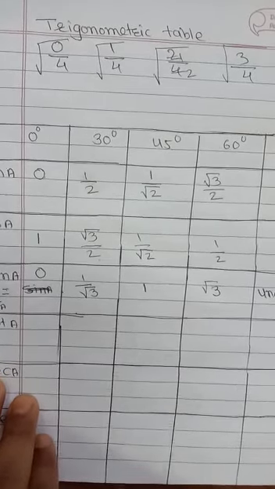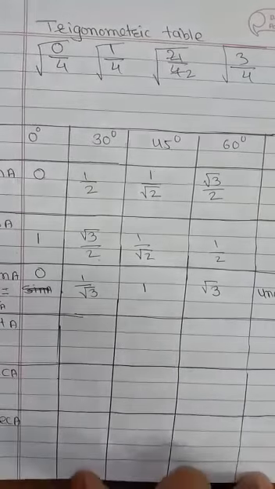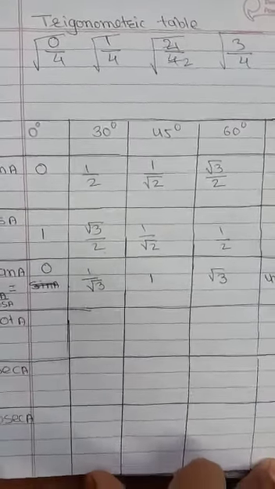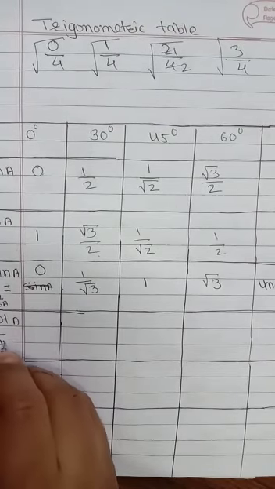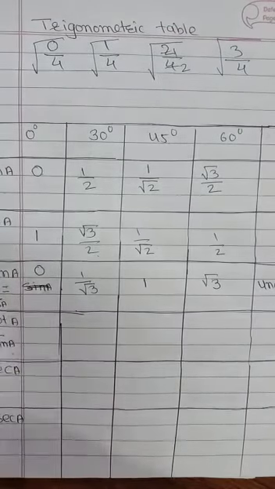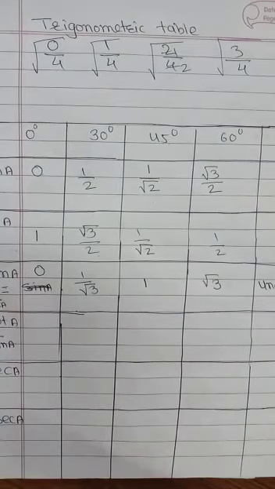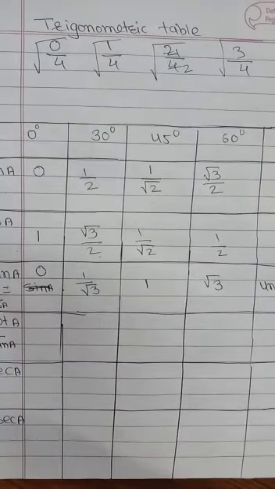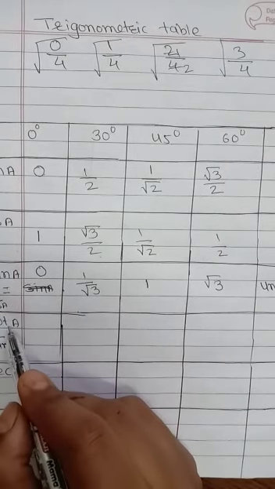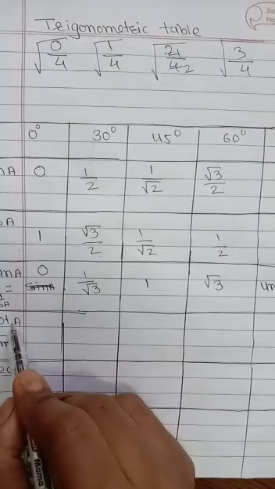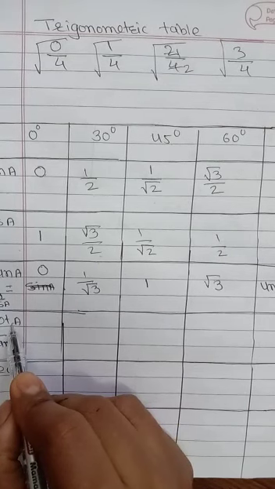Fine. Now we know what cot is. Cot is the reciprocal of tan. For this we can write 1 upon tan, or here you can use the formula cos A divided by sin A, one and the same. Now let us calculate this for 0 degree. Cot is calculated as the reciprocal of tan.